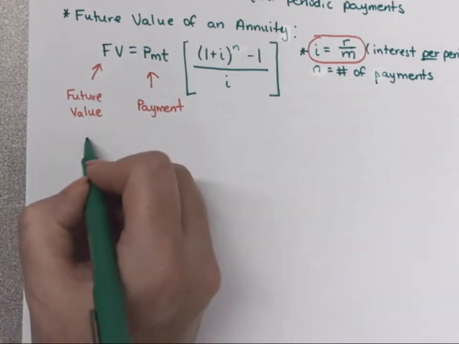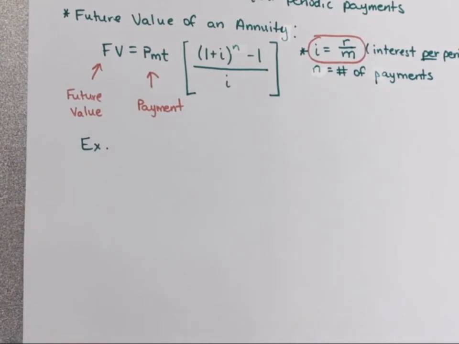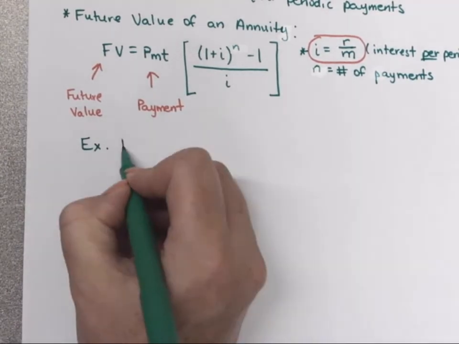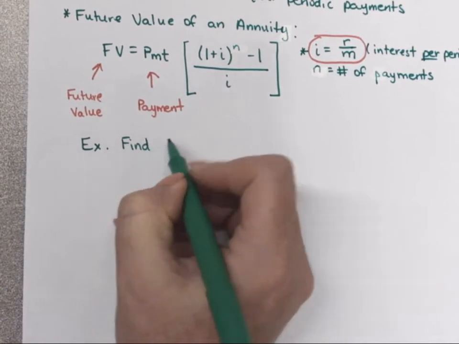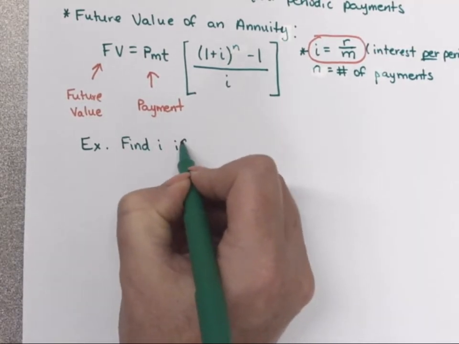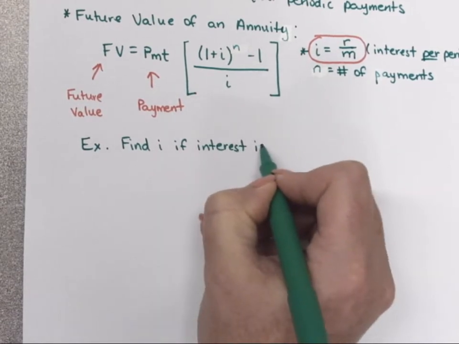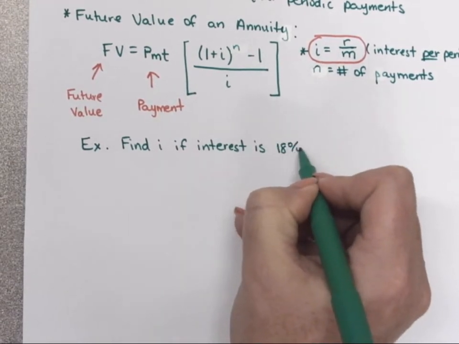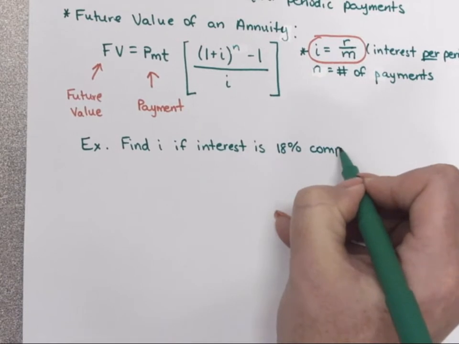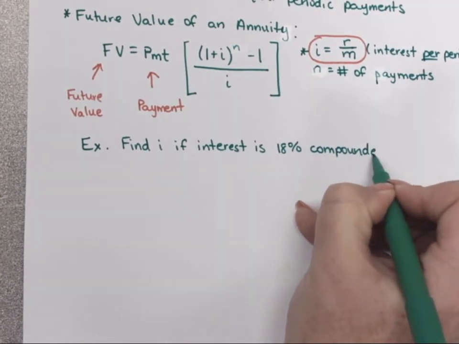Okay, so before we look at a full-blown example, just because we're using this new letter I, let's look at this. Find I if the interest is 18% compounded monthly.